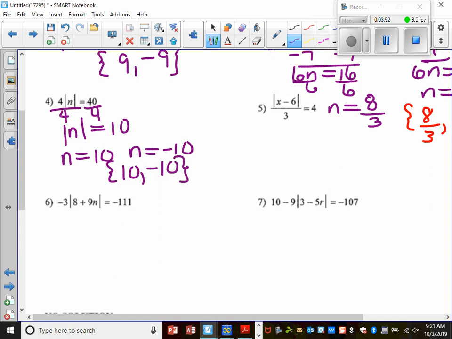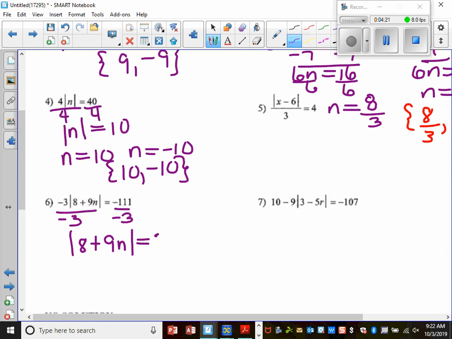All right, moving down to question number 6. In question number 6, negative 3 is being multiplied by the bars. So I'm going to divide by negative 3. So I'll have the absolute value of 8 plus 9n equals what?